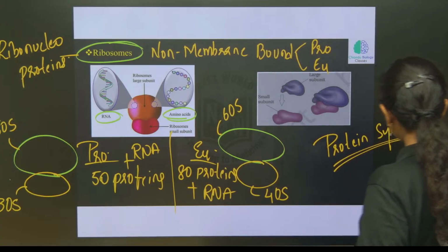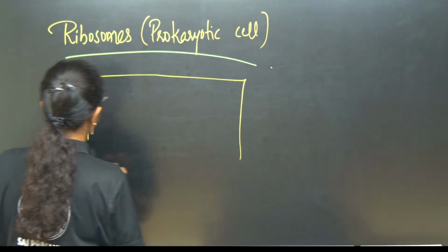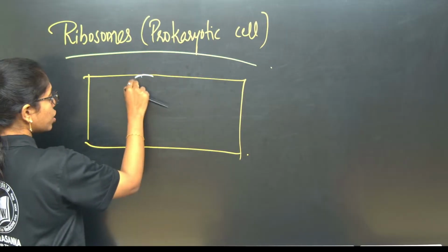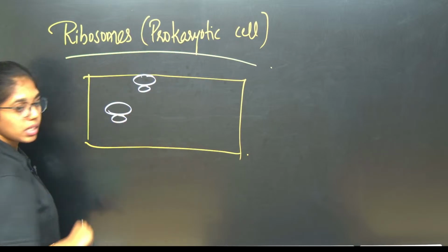Now we have to discuss the location of the ribosomes. Where are ribosomes present in a prokaryotic cell and in a eukaryotic cell? If you consider this as a prokaryotic cell, and this is the cell membrane, attaching to the cell membrane, ribosomes are present, and ribosomes are present inside the cytoplasm.